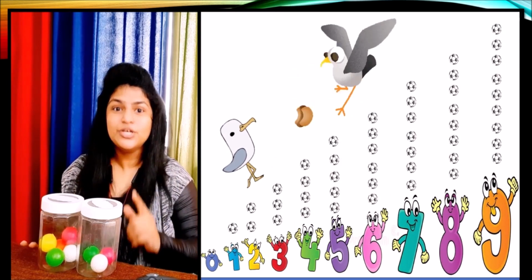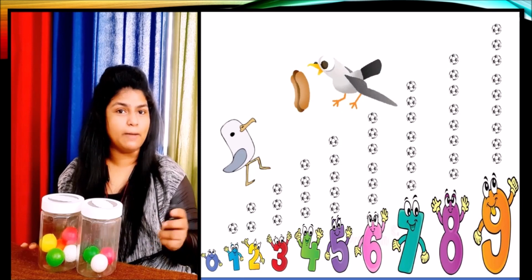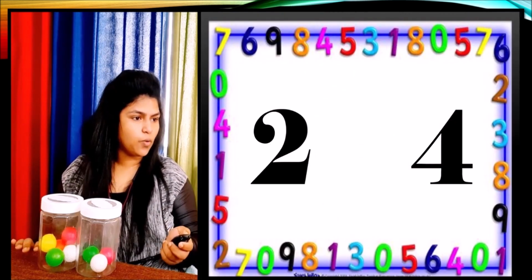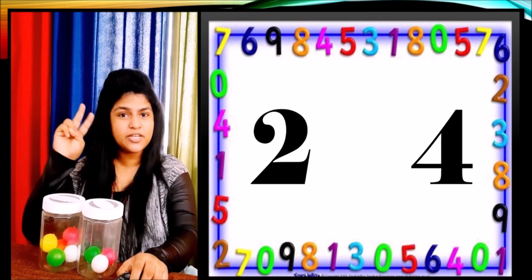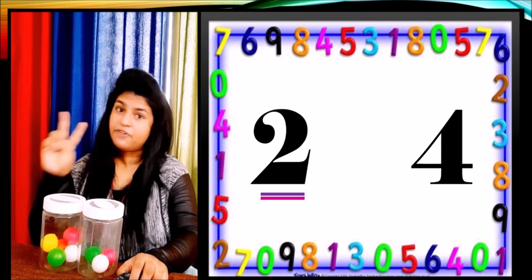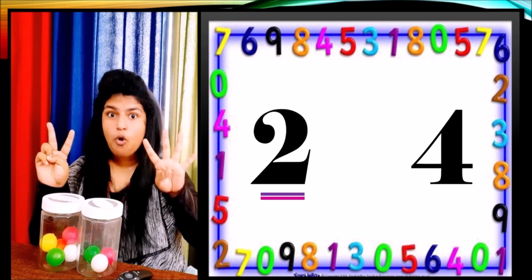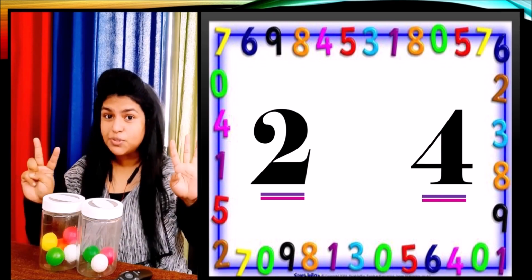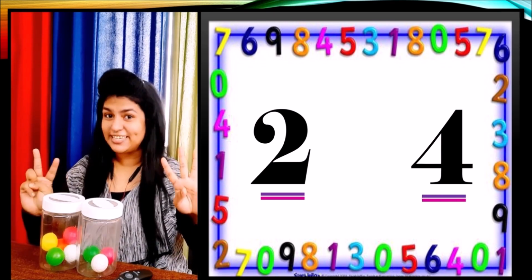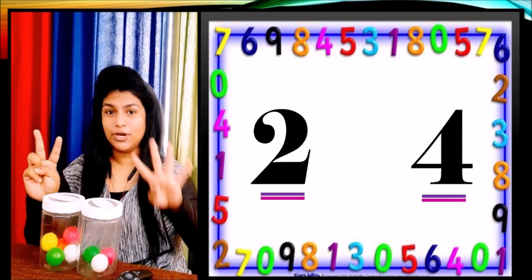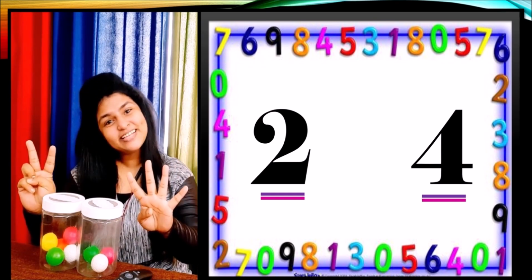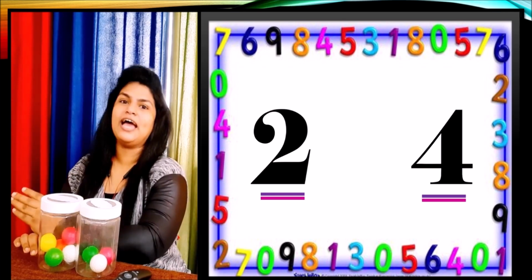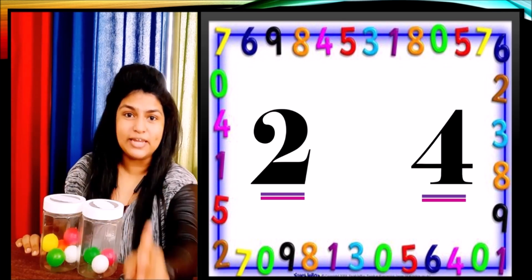Do you understand? So for example, I have two numbers, 2 and 4. If I say 2, it means just 2. If I say 4, it means 4. Well, you see 4 is greater than 2 because in 4 I get more and in 2 I get less. And that determines all the numbers.